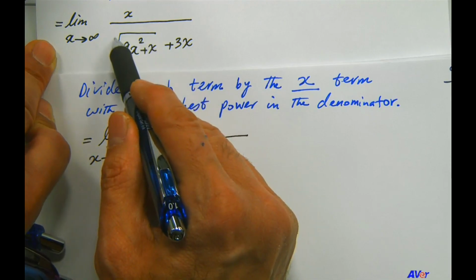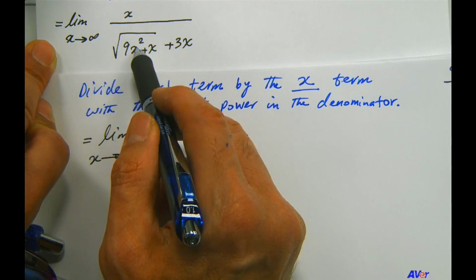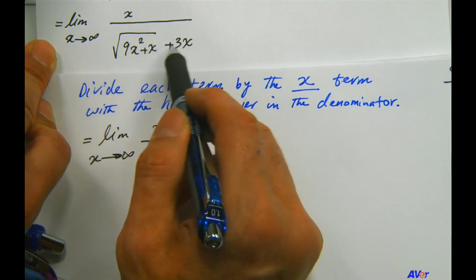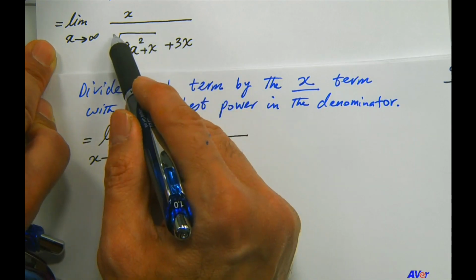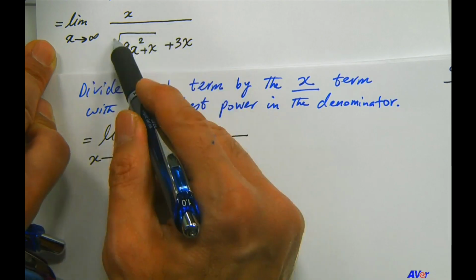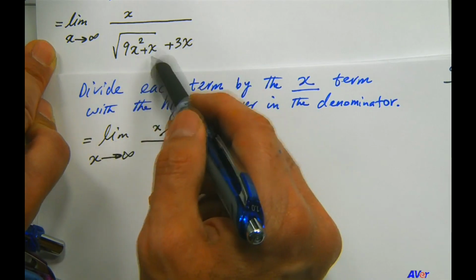In this case, it's a square root, so we would divide by x squared on the inside of the radical, not outside. So if the index was 3, what would we do? We would divide by x cubed. If the index is 4, what would we do? We would divide by x to the 4th, and so on.